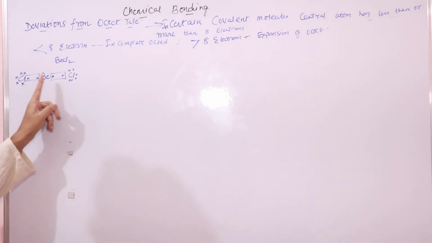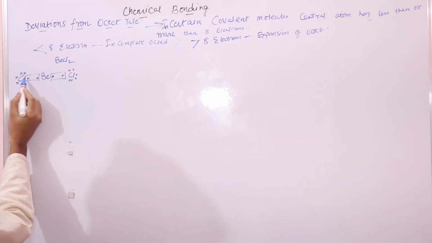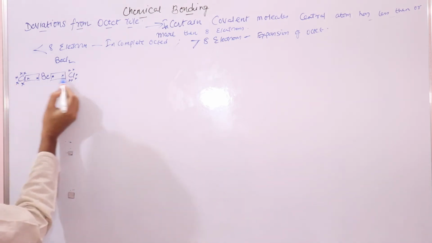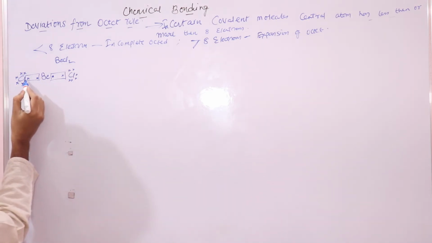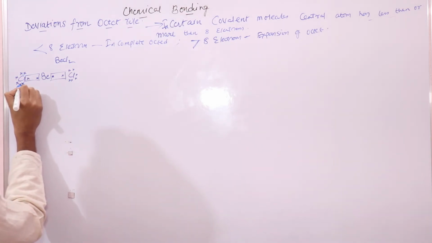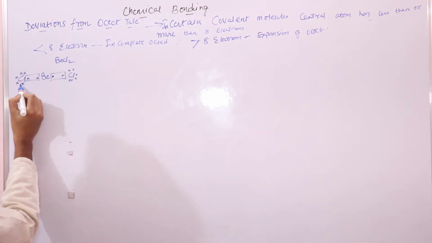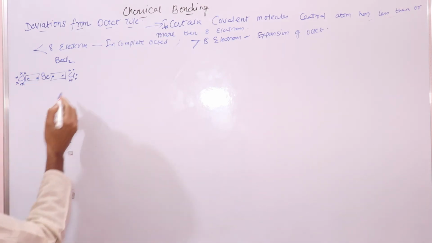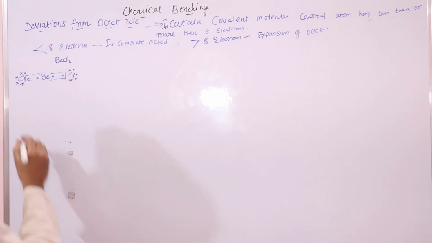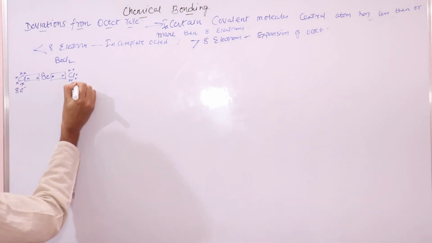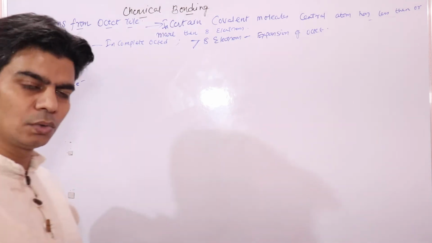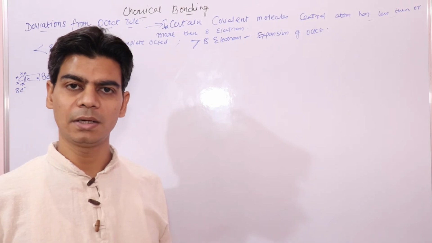Now if you see, both these chlorine atoms have 8 electrons: 1 2 3 4 5 6 7 8, similarly 1 2 3 4 5 6 7 8. So both the chlorine atoms have 8 electrons each. But if you look at the central beryllium atom, as per the rule of octet, this should also have 8 electrons.